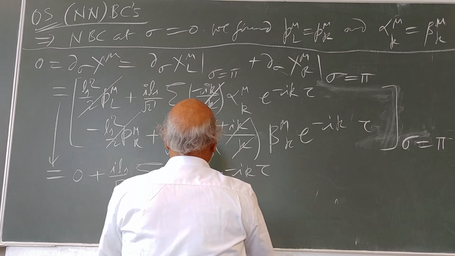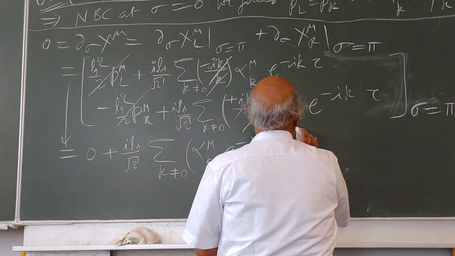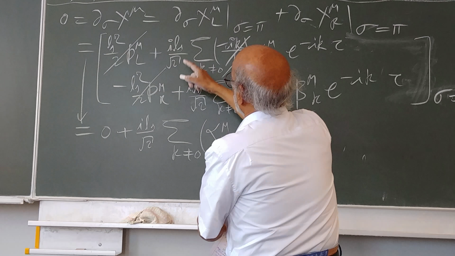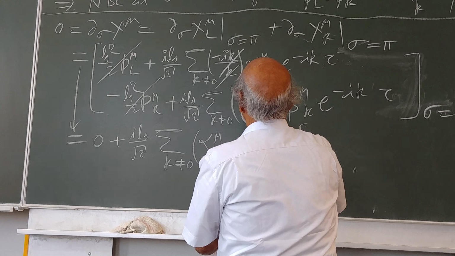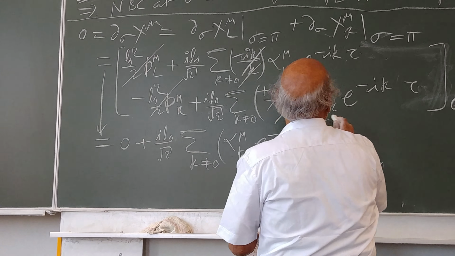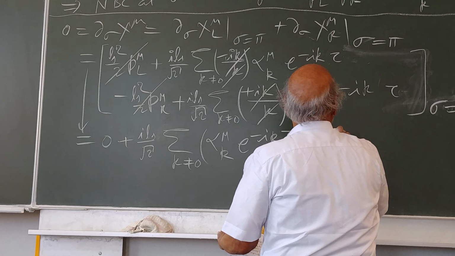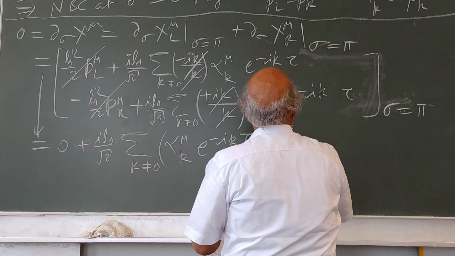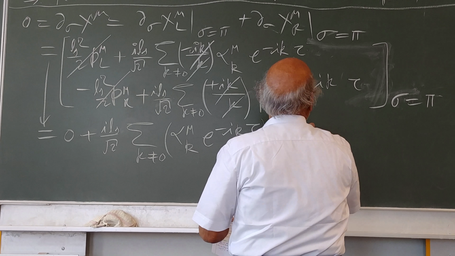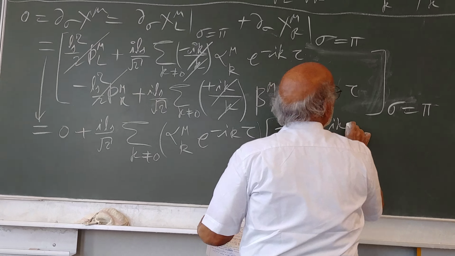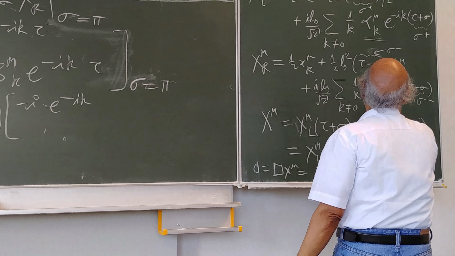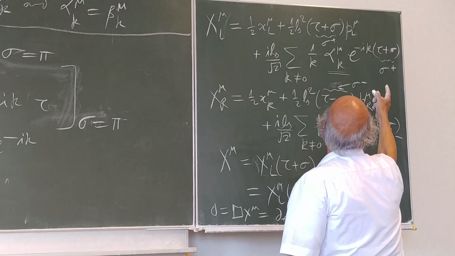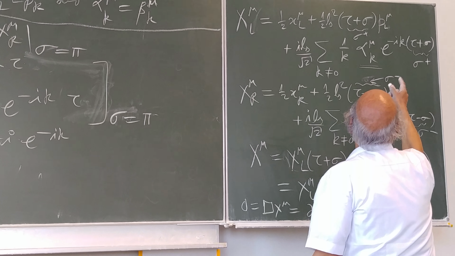And e to the power minus ik tau I can take common. So this into this into, now what I would have, this is the same, and this comes here. So I would have minus i into e to the power minus ik tau plus pi, tau is gone, minus ik pi.